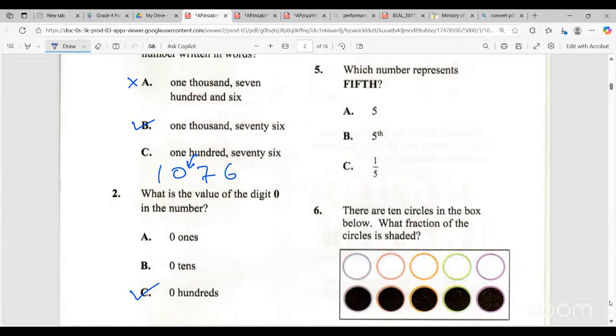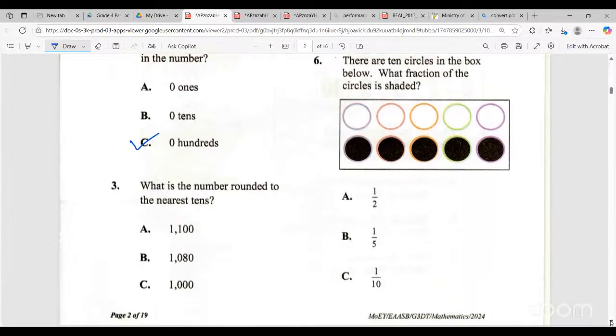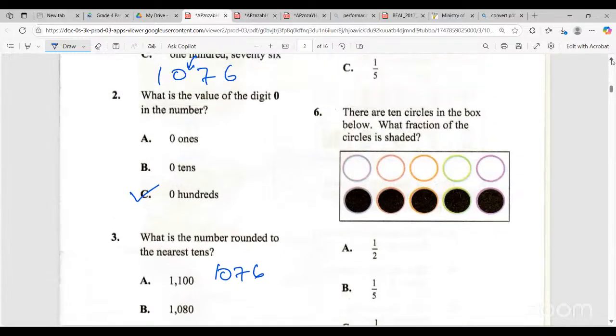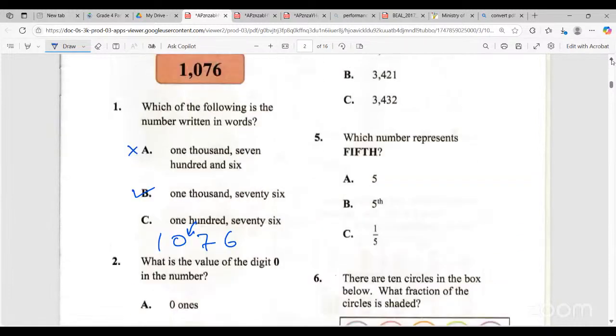Let's move on to number 3. It says from 1 to 3, right? It says, what is the number rounded to the nearest tens? Now the number is 1076. Let me go back up to the number so you can see.